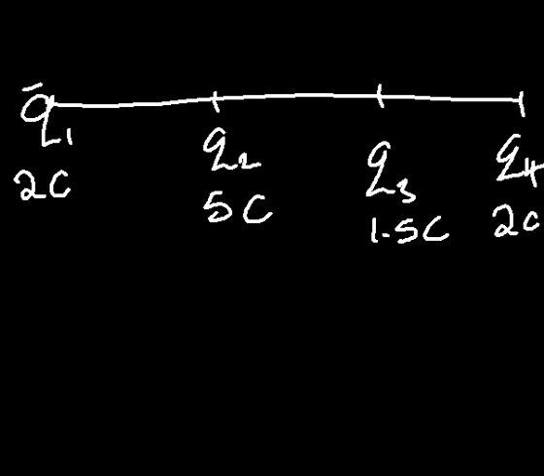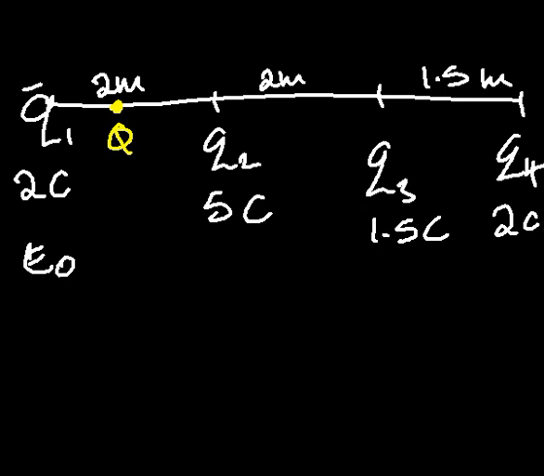Let's say this is charge 4, given as 2 coulomb. And let's say the separation distances are given as 2 meters, 2 meters, 1.5 meters. And assuming that we have a point which is at the midpoint between Q1 as well as Q2, given as point Q. Now what is the net electric field at point Q due to the charges in the system?